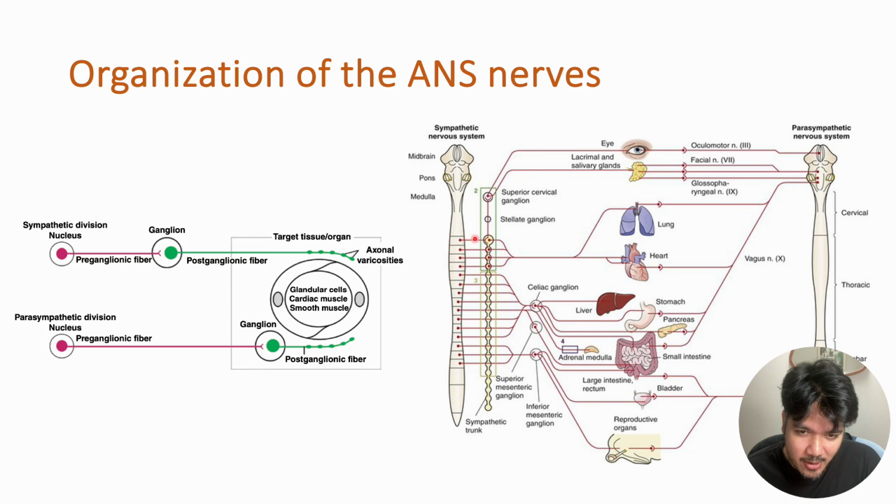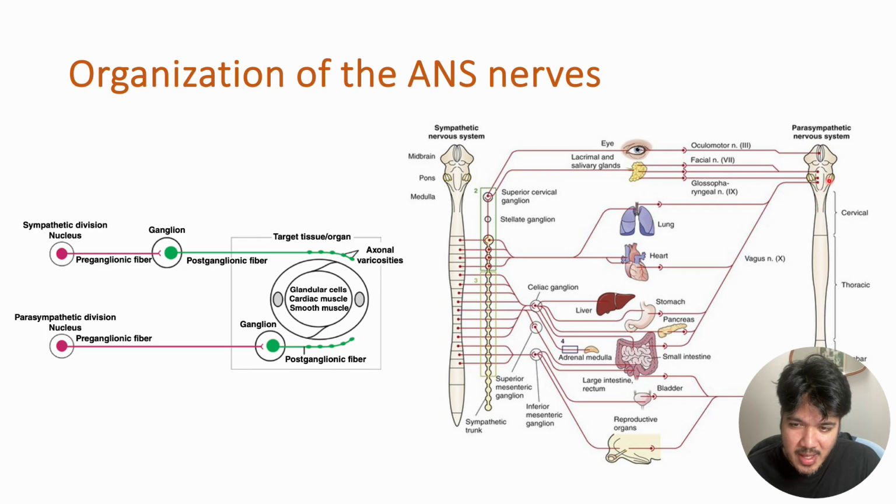It then comes out, synapses at this level here, and that's your ganglion, which we call the sympathetic trunk. So it's just a specific feature of a chain of ganglions here. The postganglionic fiber then comes out and branches and reaches your target organ, which is the lung in this case here.